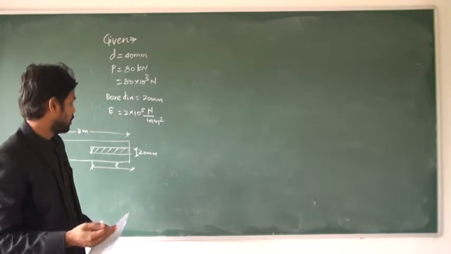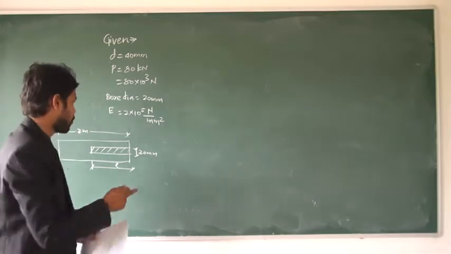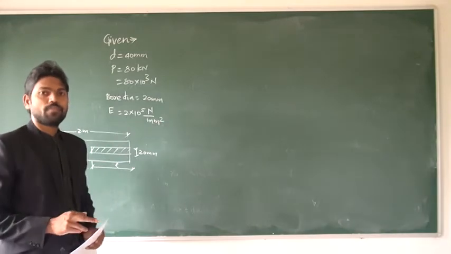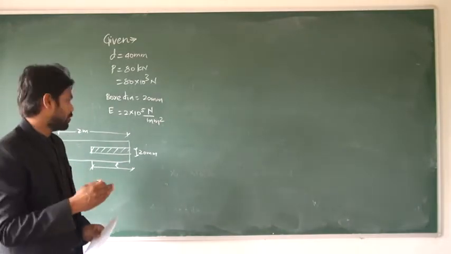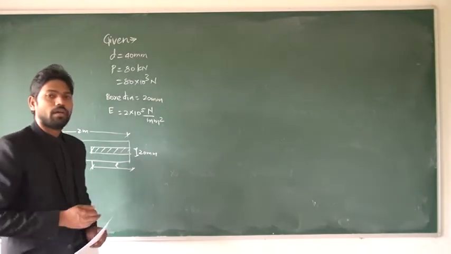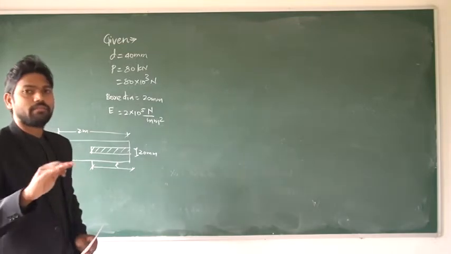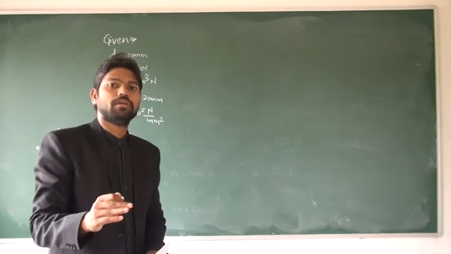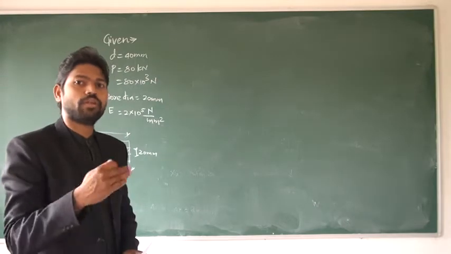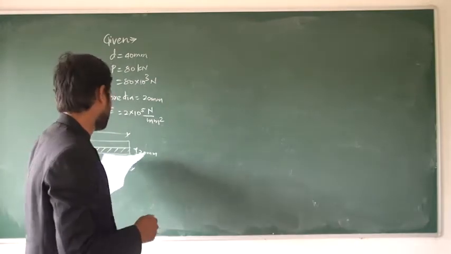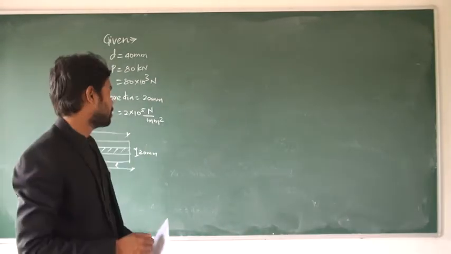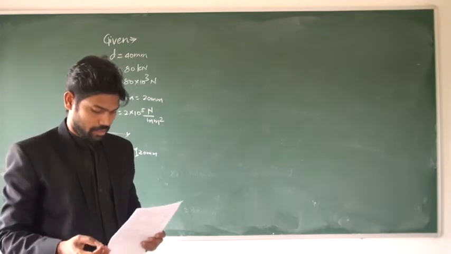That will be the extension after the bore. Putting the same extension in the PL divided by AE formula, we will calculate the length of the bore. So step by step we will solve the numerical.